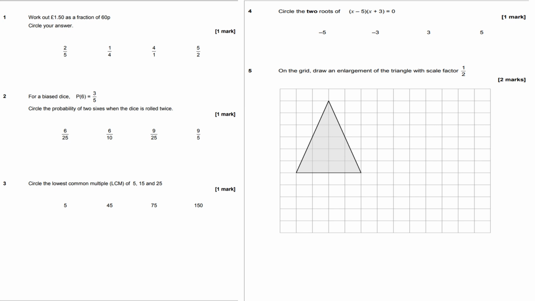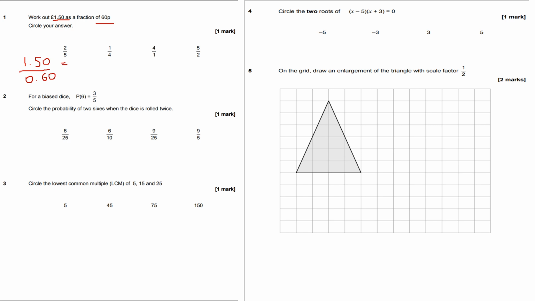Okay, so I got these questions from the June 2019 paper 3, higher tier, for this first section, AQA exam board. We're going to start with question number 1. Work out £1.50 as a fraction of 60p. So that would be 1.50 out of 0.60.